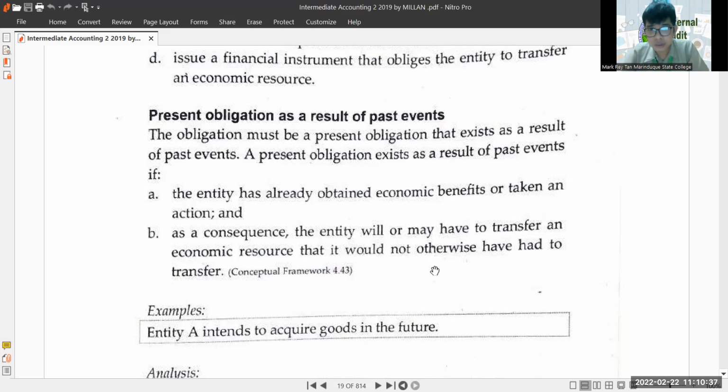Okay, that's true. Okay. Tama. Kumbaga ay, syempre, dahil nga nagkaroon ka ng transactions from past events, so ang tendency ni entity is to pay that obligation. Kasi kung wala namang ganong transactions from the past that obliges the entity to pay, edi wala kang dapat i-transfer na economic resource.